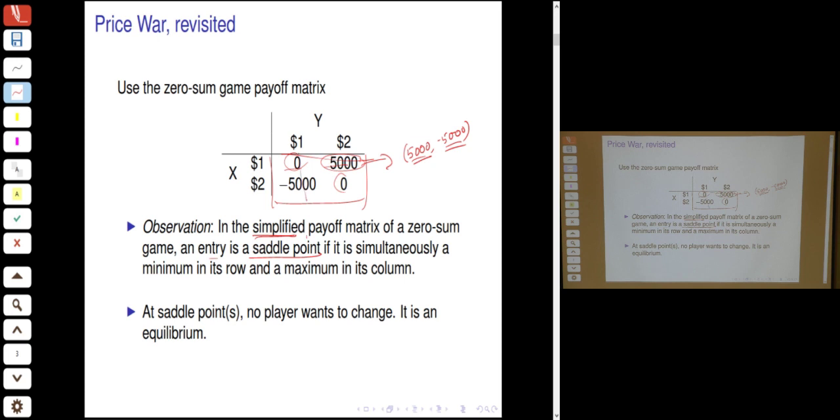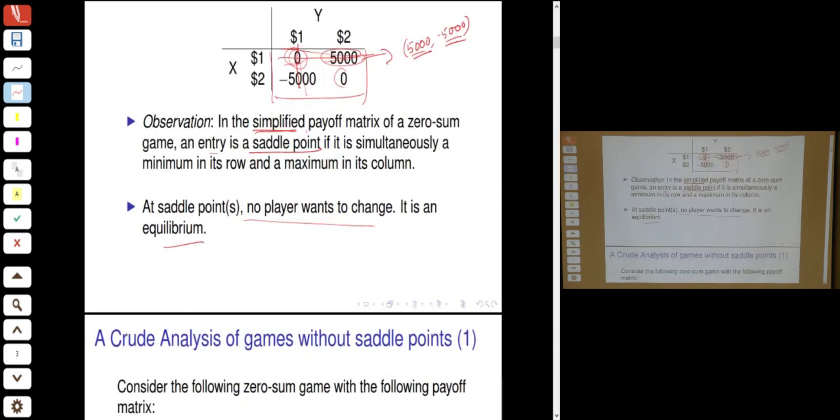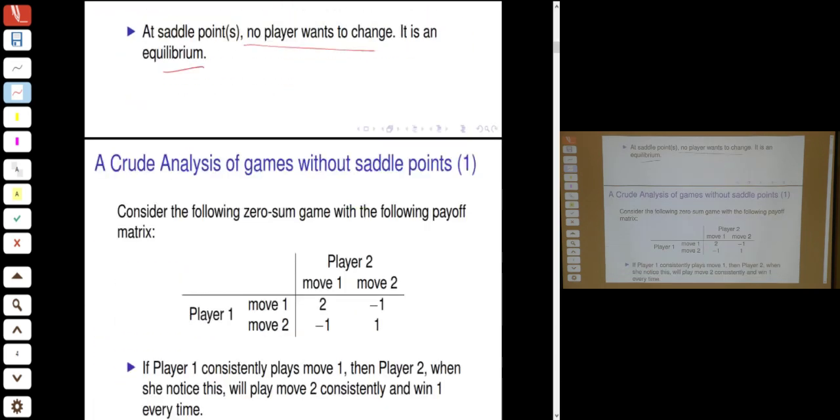So for instance, 0 is a minimum in its row and a maximum in its column. At saddle points, no player wants to change, and it is an equilibrium. This is some of what we discussed in the last lecture.